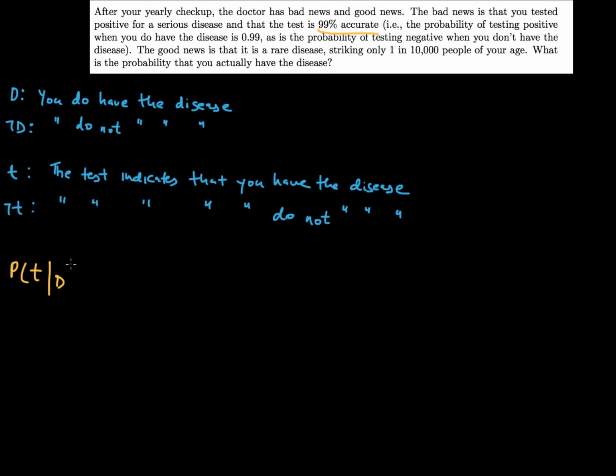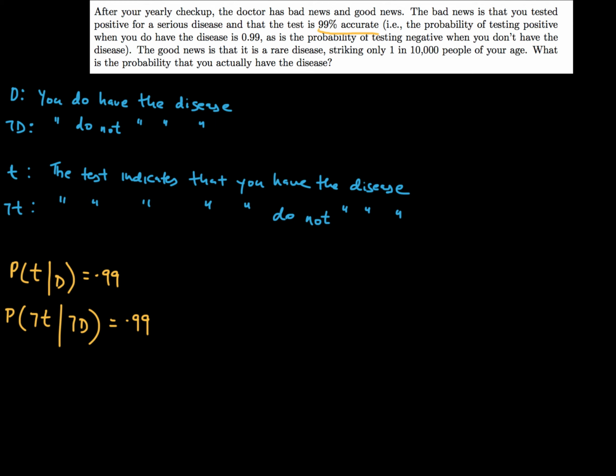That's the accuracy. This is the same as saying the probability of the test showing that you do not have the disease, given that you really do not have the disease, is also 0.99. Okay, so the good news is that this is a rare disease striking only 1 in 10,000 people.